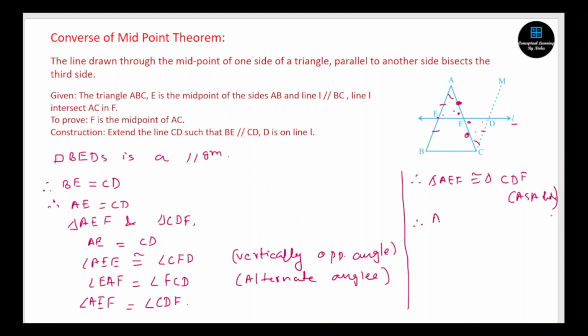So, AF equals FC by CPCT, and therefore F is the midpoint of AC, correct? We proved it. F is the midpoint of AC. Hence proved. Alright, great.